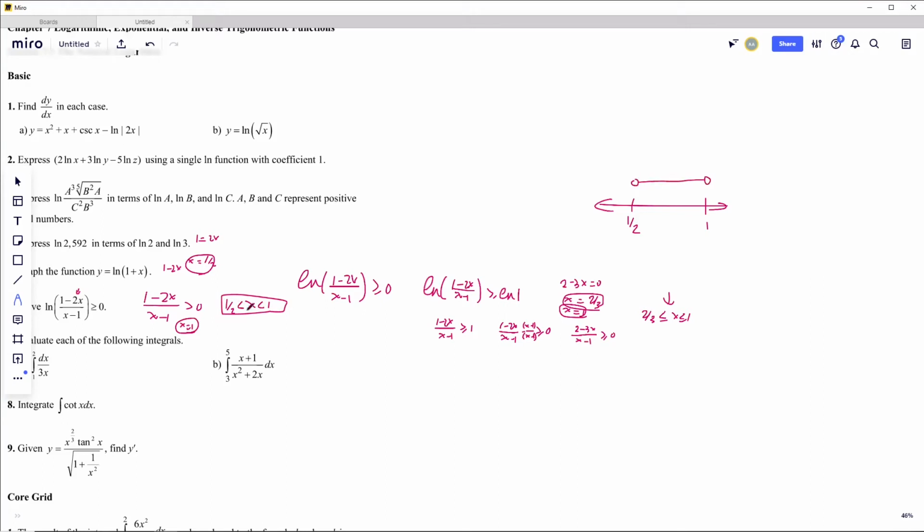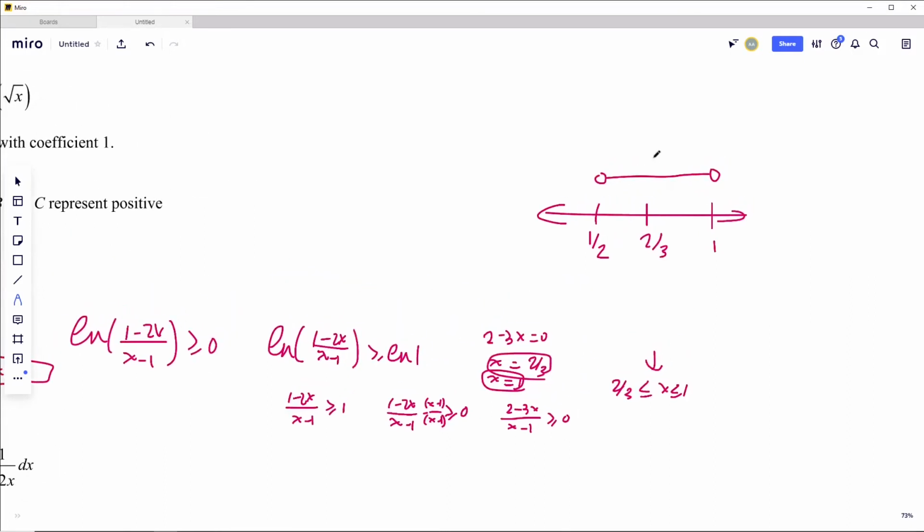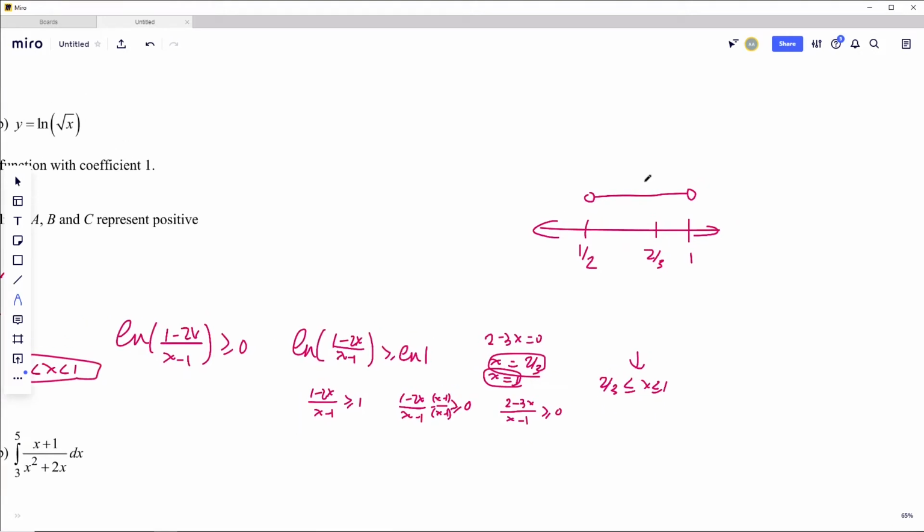This is what this is saying. 2/3 is somewhere here. Yeah, somewhere here. Anyways, no, I think it's slightly here. Anyways, it doesn't matter. Let's just put it here.